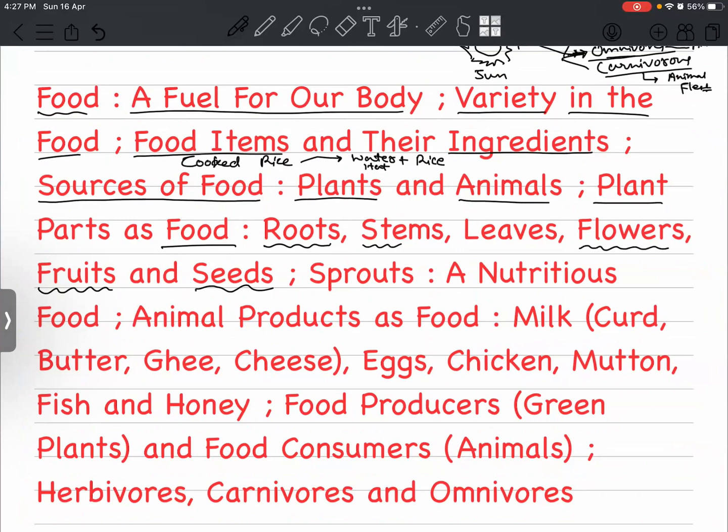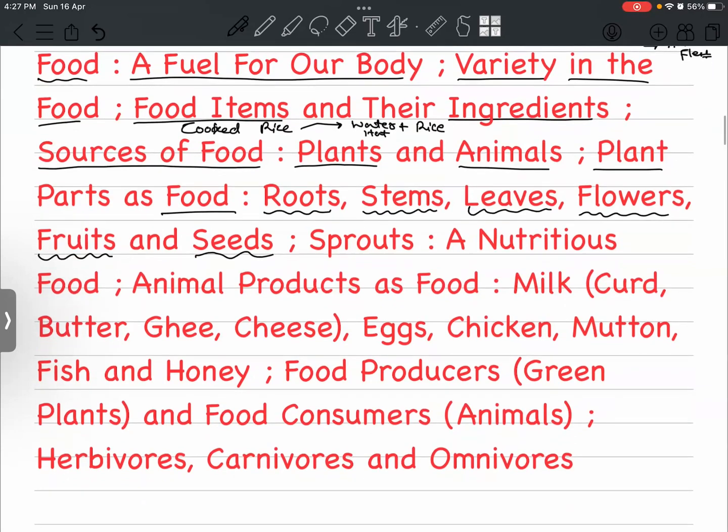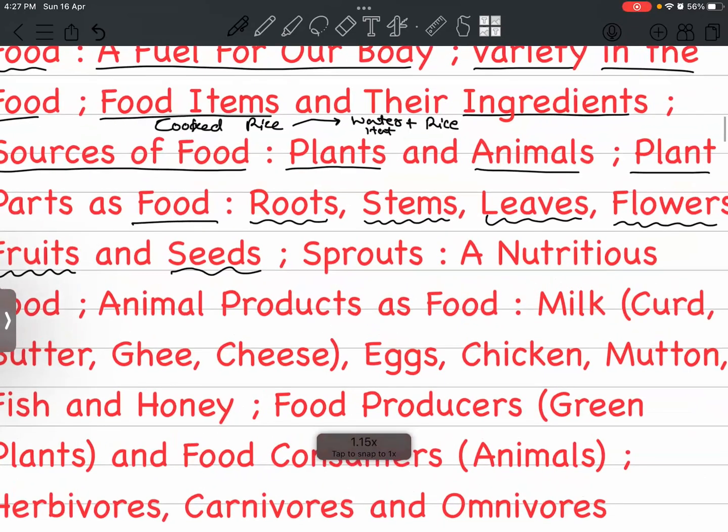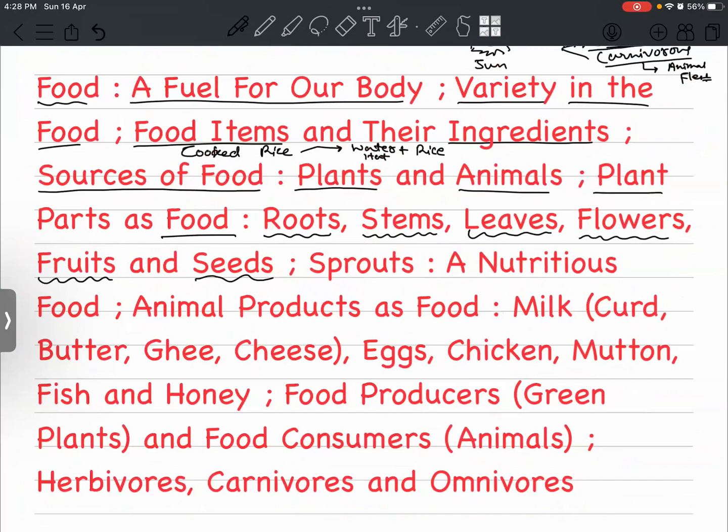The spinach you are talking about is the leafy part. But for some plants, the edible part is the stem.